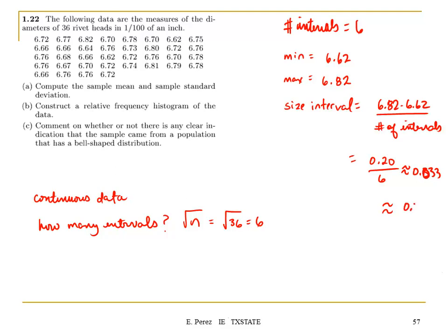as the size. So that means that we have 6.62, 6.66, 6.7, 6.74, 6.78, 6.82, and 6.86.